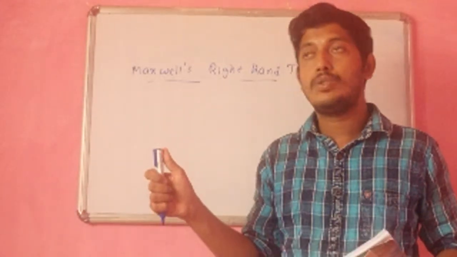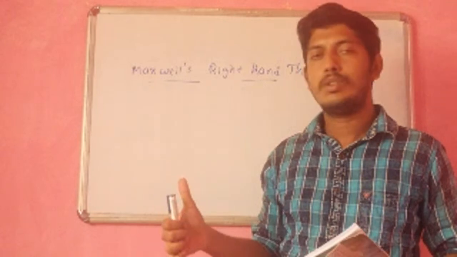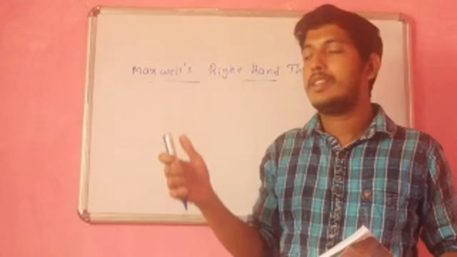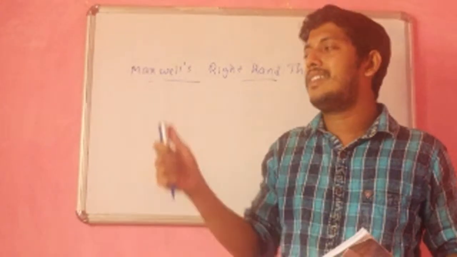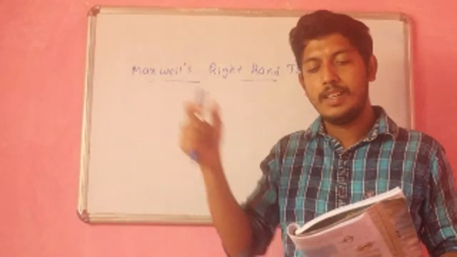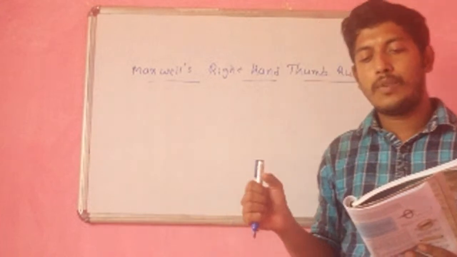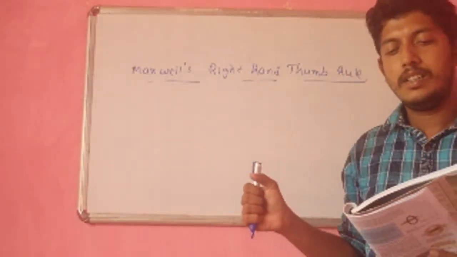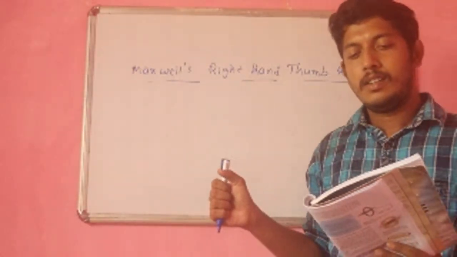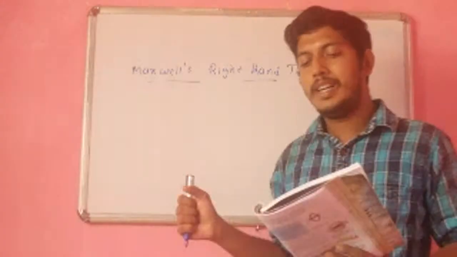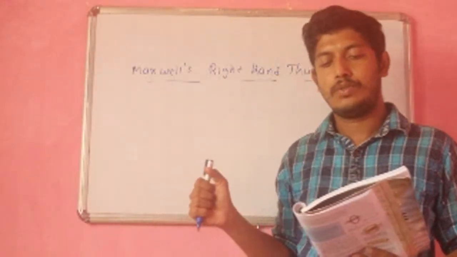If the thumb shows the direction of the current, for example upward, that's why I am considering the current is flowing in the upward direction. In that case, your fingers will wrap around the conductor in the direction of the field lines of the magnetic field as shown.